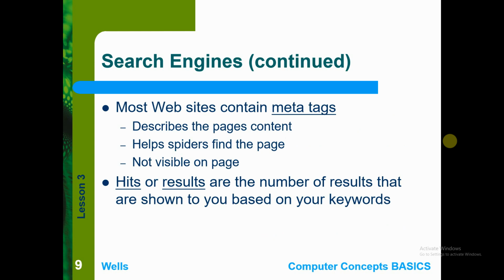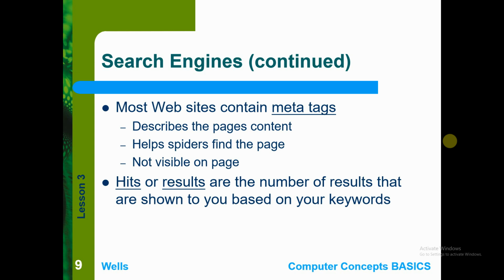So most websites contain meta tags. These meta tags are not visible on the page. It is for the purpose of describing the page's content and also helps the spiders find the page. So later on, if we're going to build our blogs and websites, there are options there where you can put in your meta tags. On the coding side, there is code that you put in the header part, but in the user interface setups of blogs, usually there is just a box with an option to add the meta tags you are targeting.